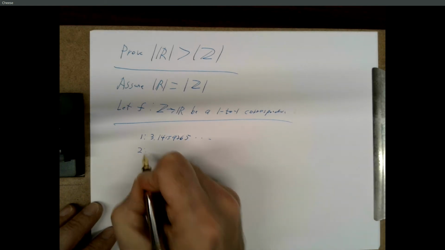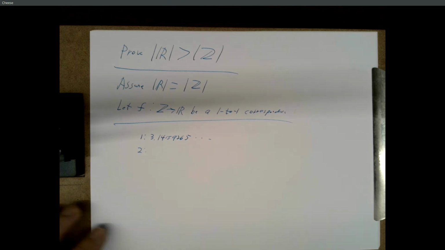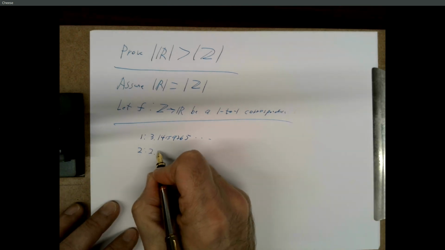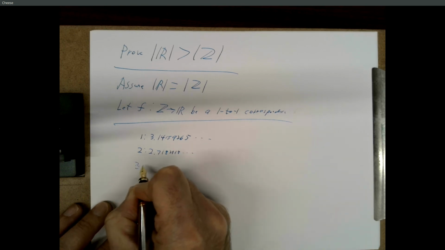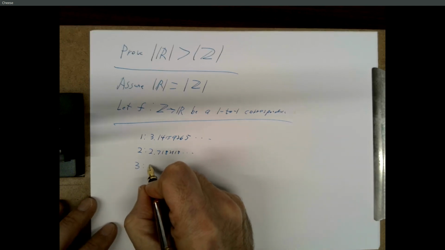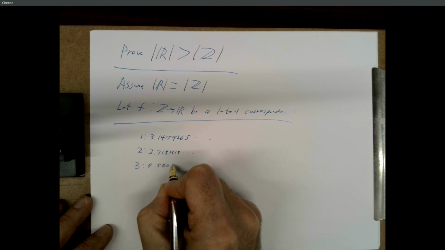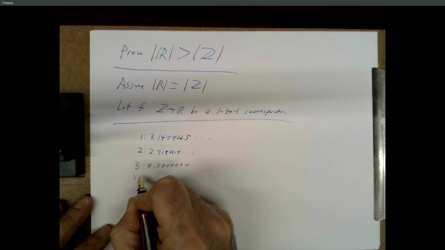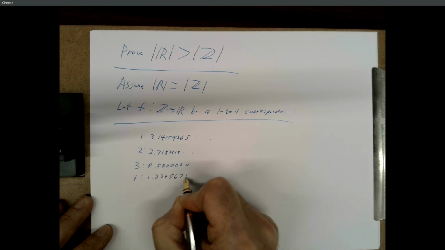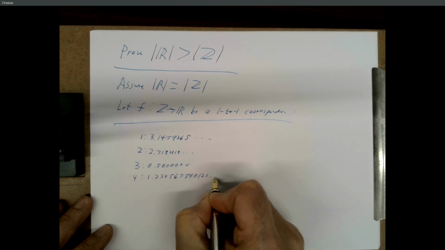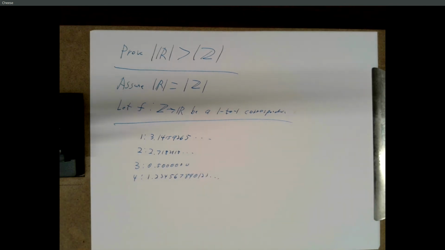And I'm going to take the number 2, and your function's going to give me another number, maybe that's e. And you give me the number 3, and maybe that gives me the real number 0.50000. And I'm going to keep doing this. I'm going to make an infinite table, and the nth entry is going to be the real number corresponding to n.